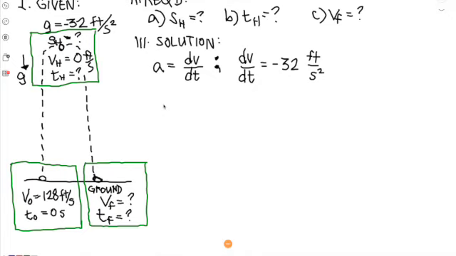Solving for the velocity, we have dv equals negative 32 dt. I will not write down the units, to make it easier to see. All right, now we want to find the equation for the velocity.